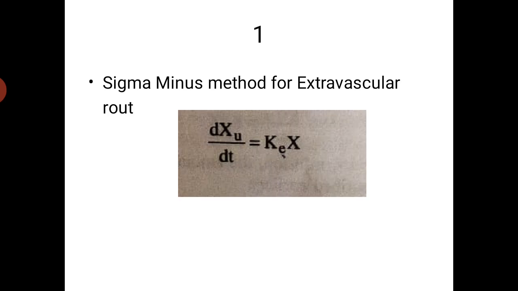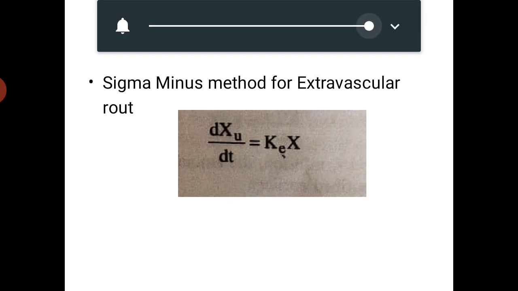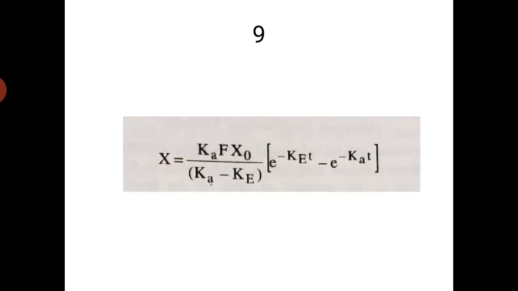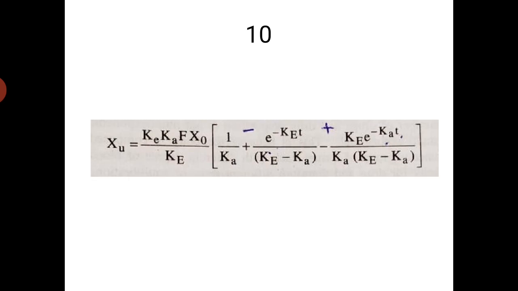The general equation dXu by dt is equal to Ke X is the same. Instead of X, you have to substitute the value of X, that is Ka F X0 divided by Ka minus K into e raised to minus Kt minus e raised to minus Ka t. Substitute this value in the first equation and integrate it.